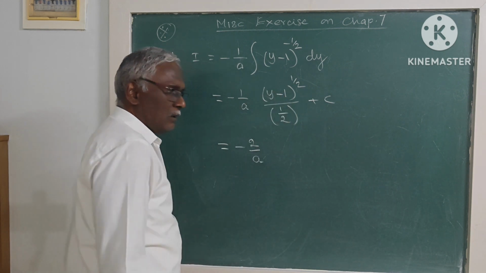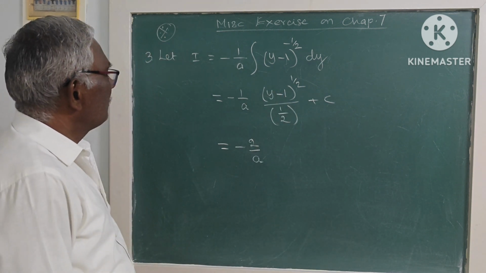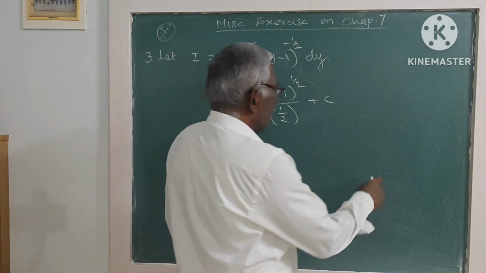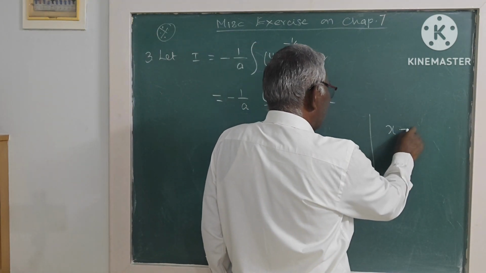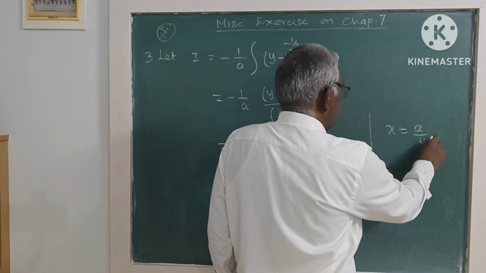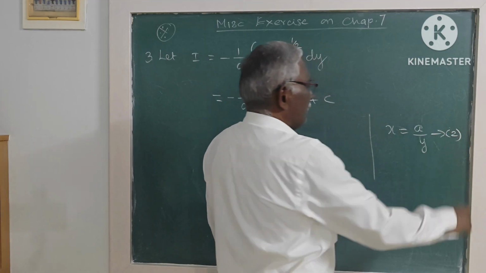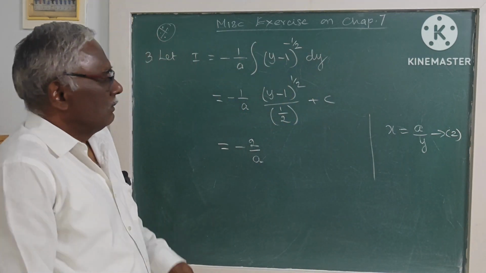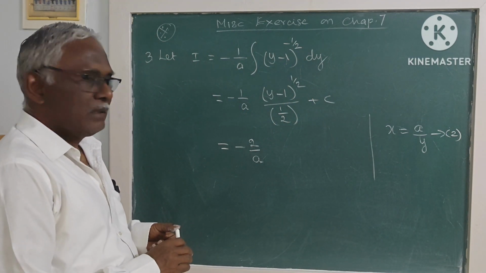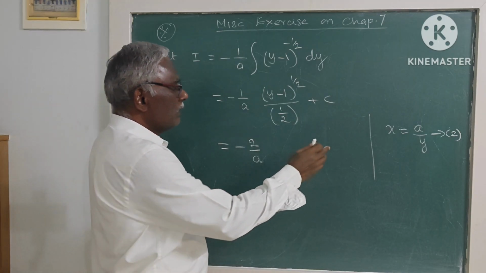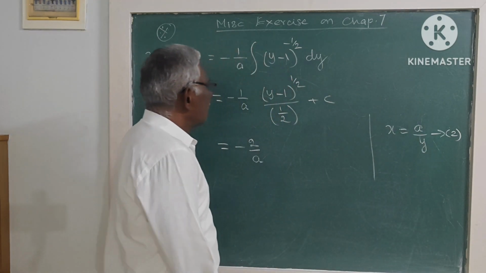What is y? We put x is a by y, in place of x we have taken x as a by y. So y is nothing but a by x.